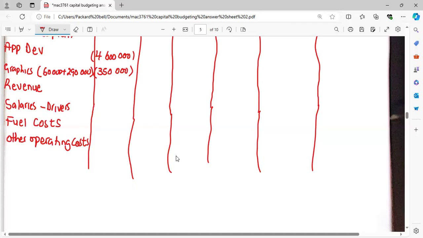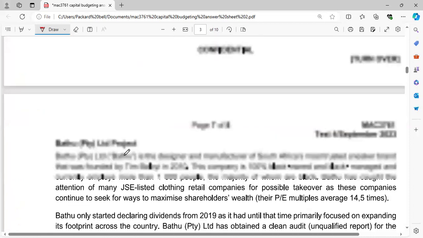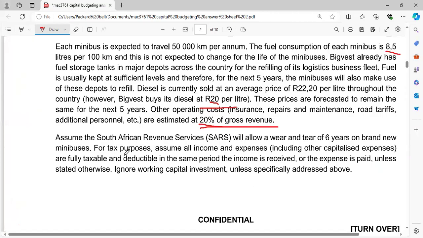What else do we need from the scenario? Then they say, assume the South African Revenue Service will allow a wear and tear of 6 years on brand new minibuses.